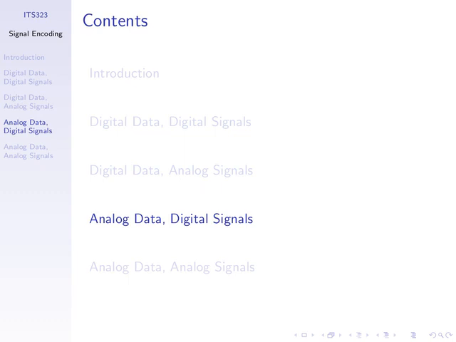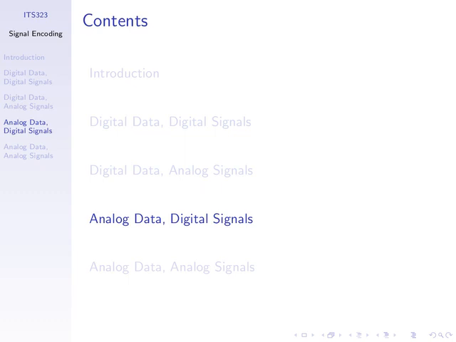When I have a bit 0, have a sine wave with one amplitude, a bit 1, a sine wave with another amplitude. Shift the amplitude depending upon the bits. So using the wireless LAN is an example of sending digital data as analog signals. Then it's received by the wireless LAN access point, and that sends digital signals to the PC and someone can listen to it, the same as what we sent here.